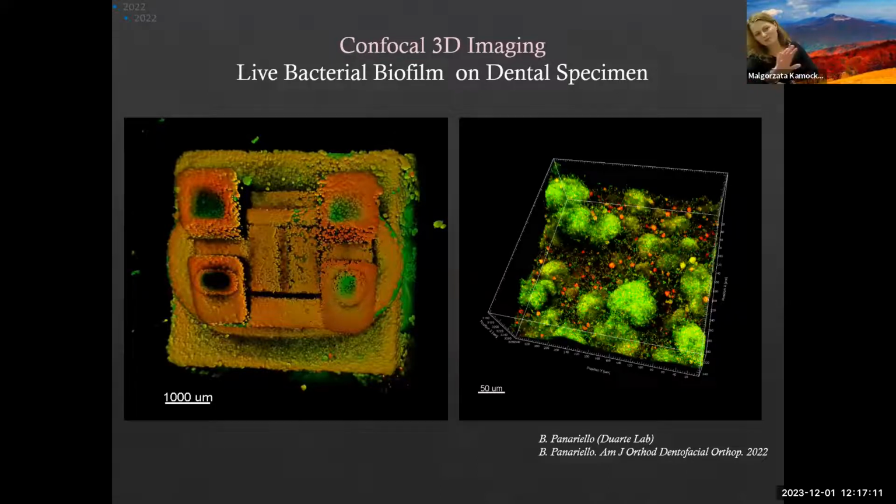So all of this imaging is done of live bacteria. There are certain portions which are dead, of course, but we do live samples here. And these nice 3D reconstructions show very big clusters of live bacteria and just a few of them which are dead, meaning that treatment in this particular experiment wasn't really very successful.